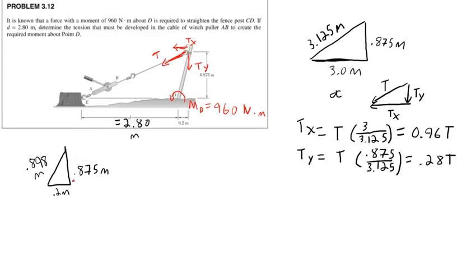Okay, so basically here, this is point D, and this is point C. And I have Tx and Ty with their corresponding perpendicular distances.